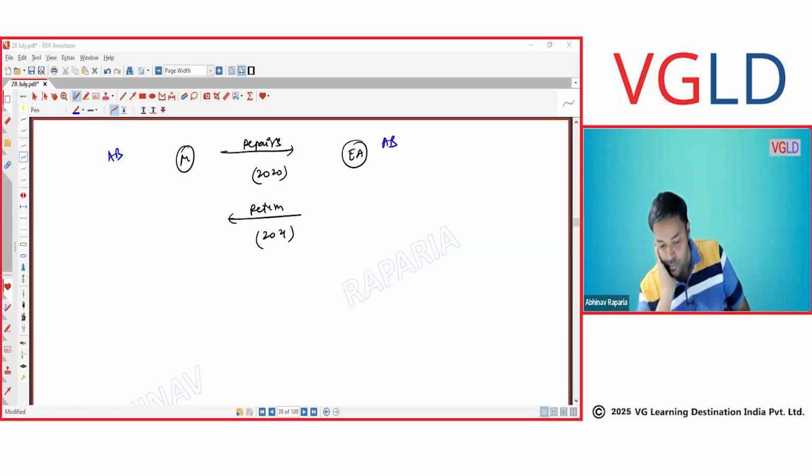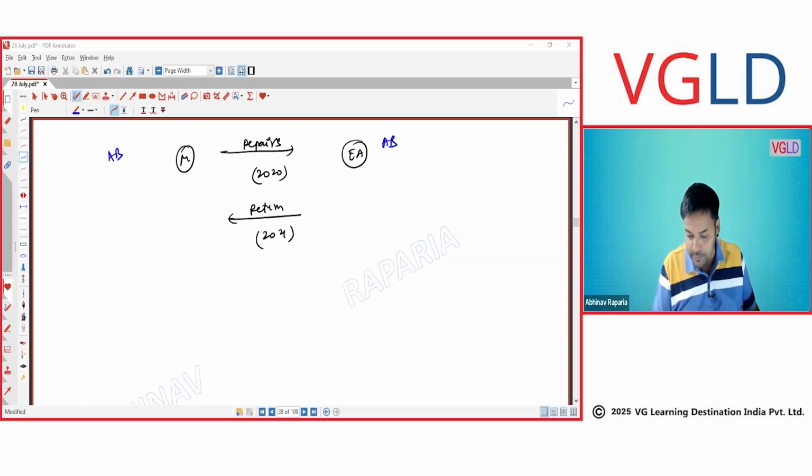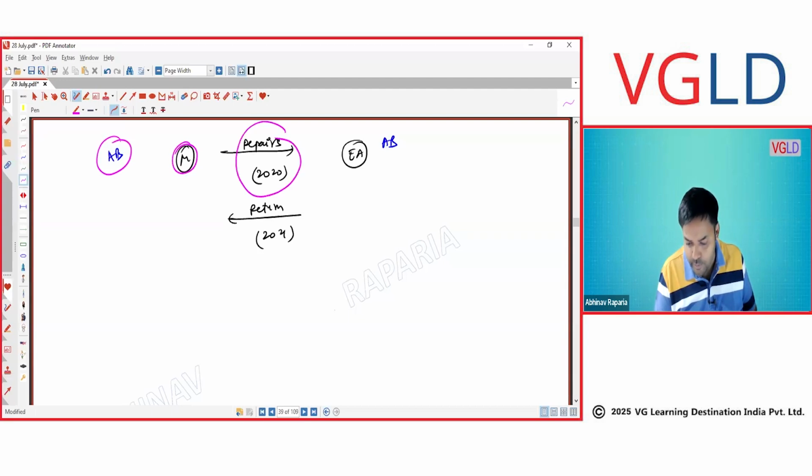The mechanic is accrual basis, so whenever you have provided your services, 2020, that's when you are going to book it.